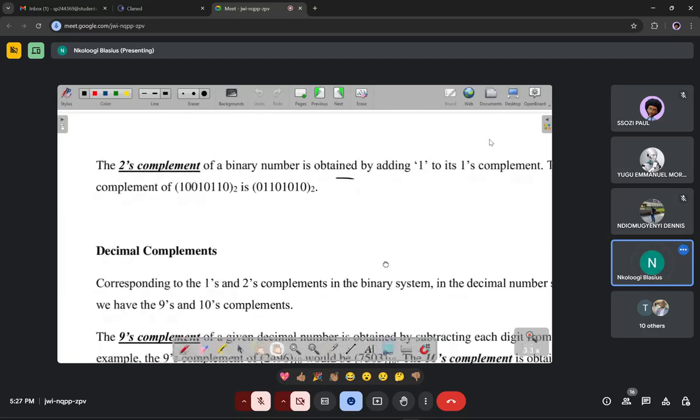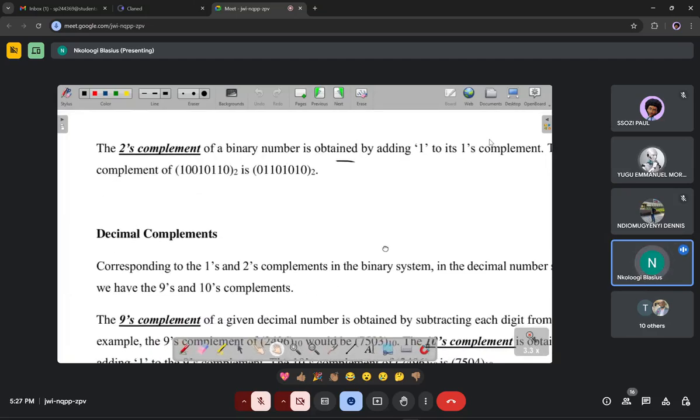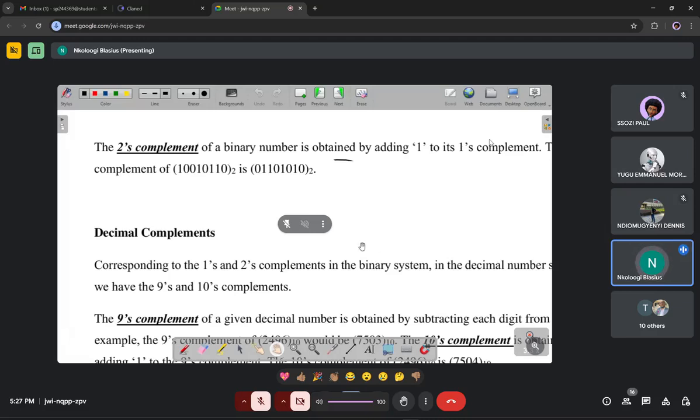I don't know. But these are things that I've tried to explain many times. Is there a colleague who wants to explain to a fellow student? Maybe they can understand better. You could raise up your hand and then explain. Even that will help you also understand more. He wants to understand how to compute the two's complement.